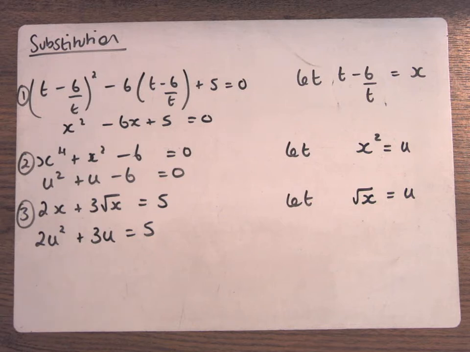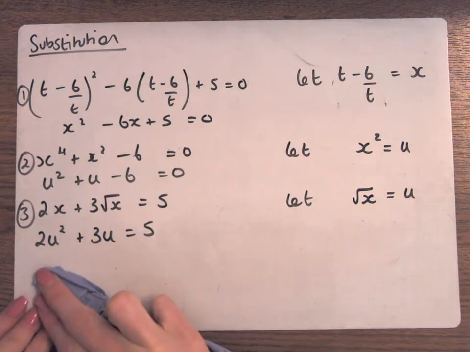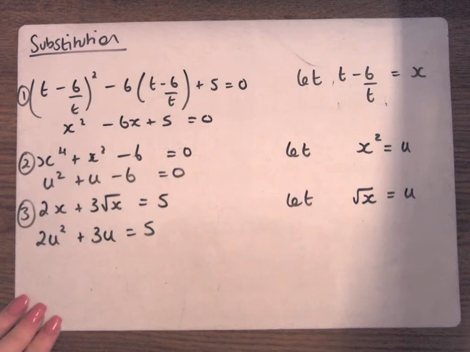Okay, so let's actually do an example of one of them. This one's fine, okay? It's easy enough to see because it's bracket squared, bracket. Let's do 2 and 3. So, this is example 3, is it?